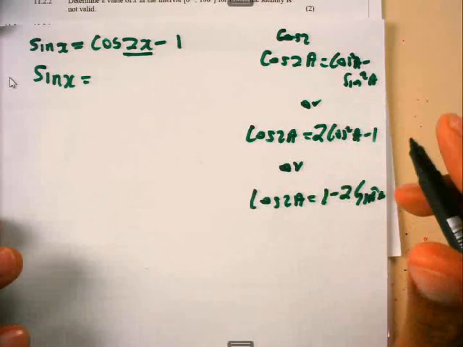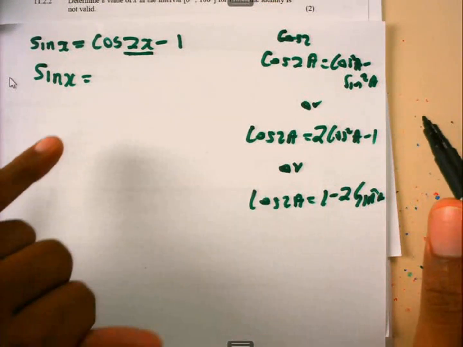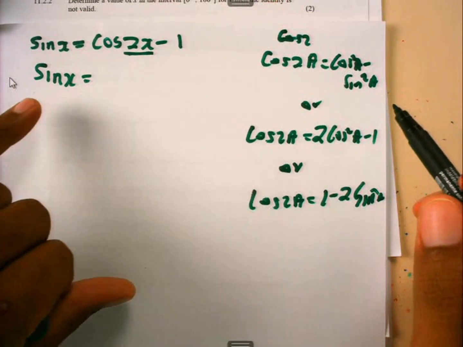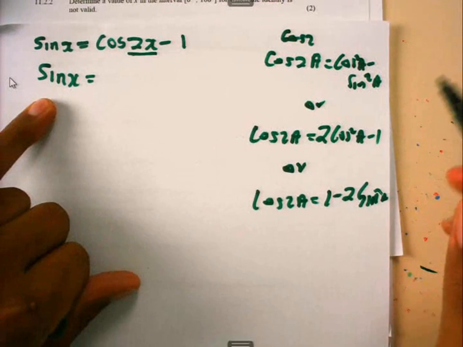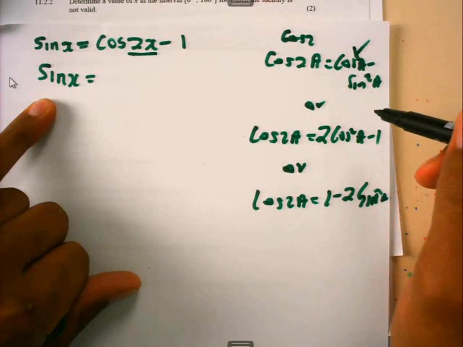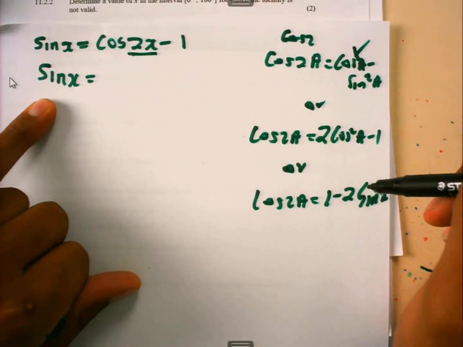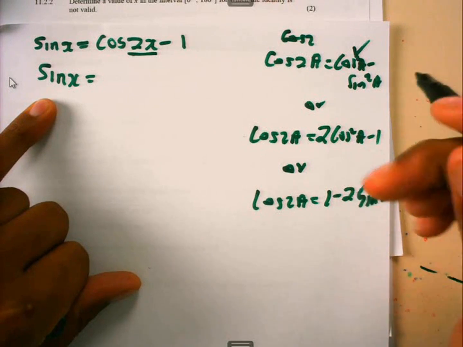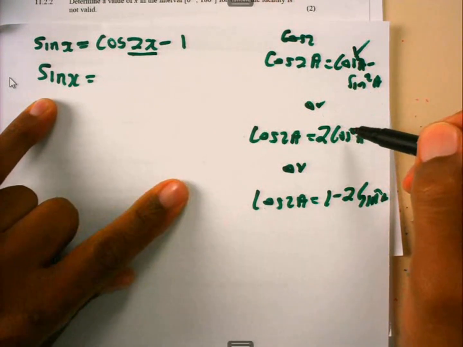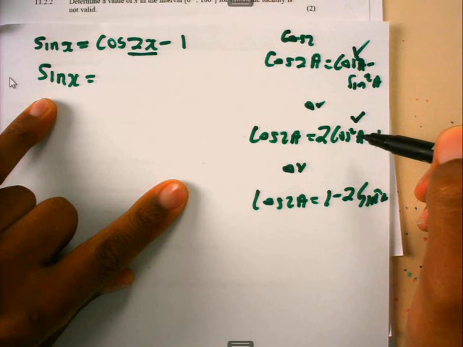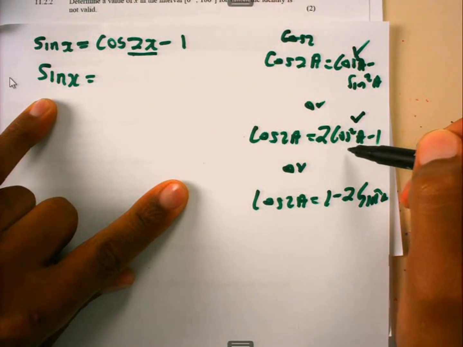the correct formula. Right. Now, cos 2x here, because I want only the sine, it means I'm not going to use the first one. Why? Because I have cos as well as sine. When I look at the second one, also I'm not going to use it. Why? Because that is 2 cos squared. There is still cos in that one.